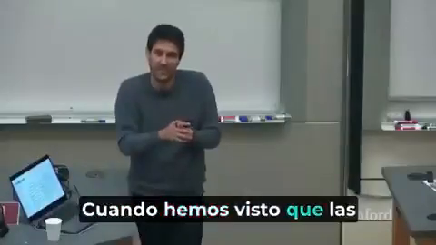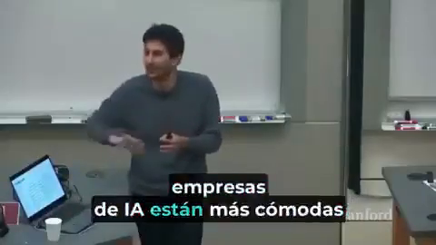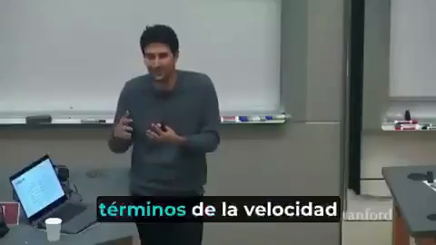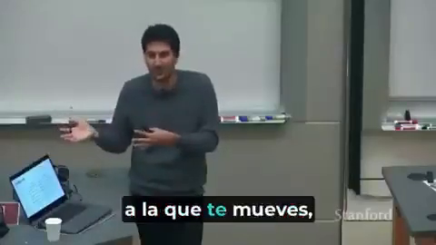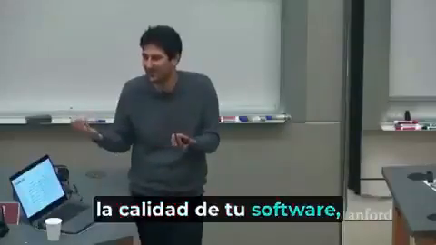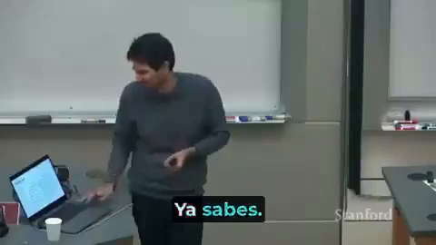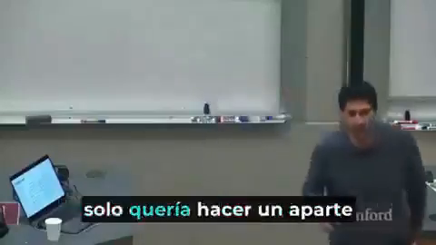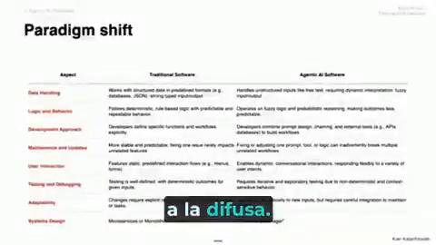We've seen AI companies be more comfortable throwing away code, which has advantages in terms of the speed at which you move, but also disadvantages in terms of the quality of your software, in that it can break more. Okay, so anyway, I just wanted to do an aparté on the paradigm shift from deterministic to fuzzy engineering.